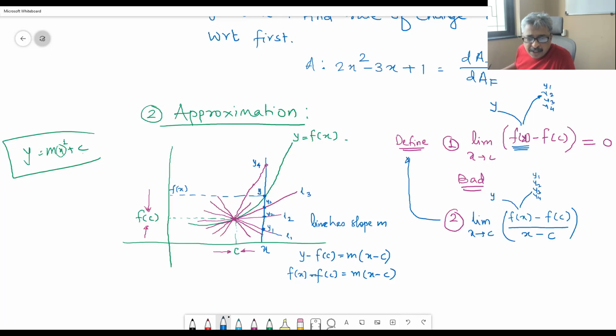Understand this. So f of x is the point value of the function. Maybe what we can write here is f line of x, the point on the line. f line of x is equal to f of c plus m into x minus c.